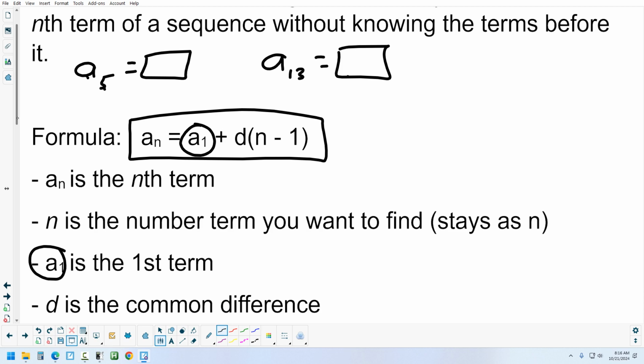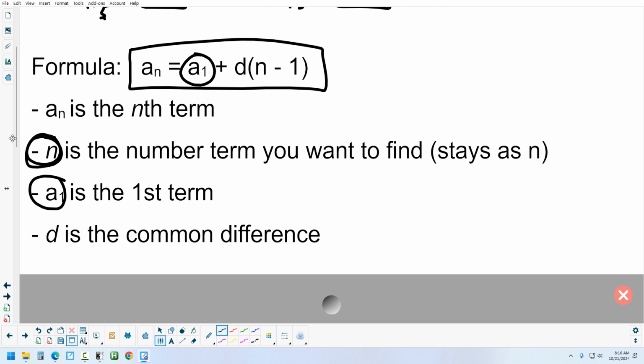You need the first term and the n. Well, when you're writing a formula, you don't fill in anything for the n. That's just going to stay the same. When you want to use the formula, that's when you plug something in. Okay? Like if you wanted to find the 439th term, you would fill in 439 for n. Okay, but that's only if you want to use the formula.